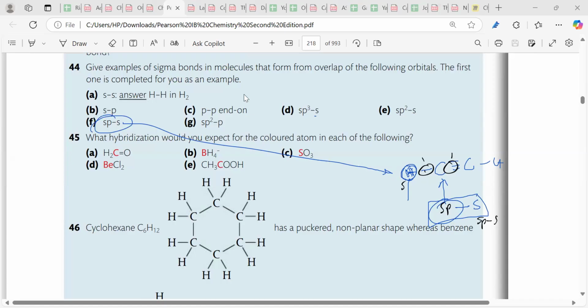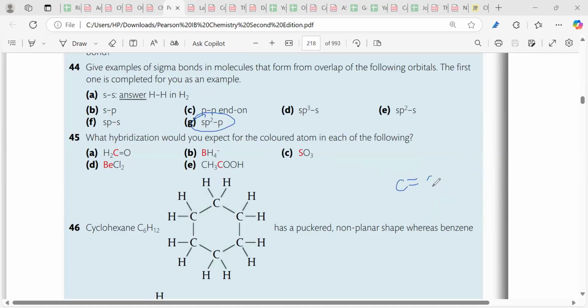See sp2 with p. Can you give an example? What is the electron domain here? What is the orbital of this chlorine? p. So it will be sp2 with p. Is it clear? What is the electron domain of this carbon? Write down 3 electron domain, I told you.